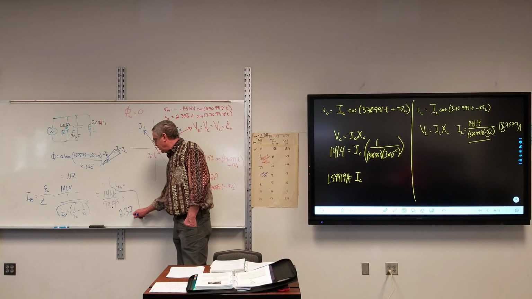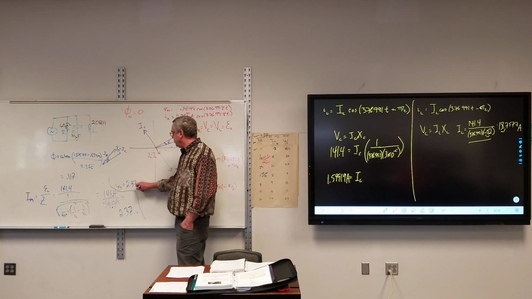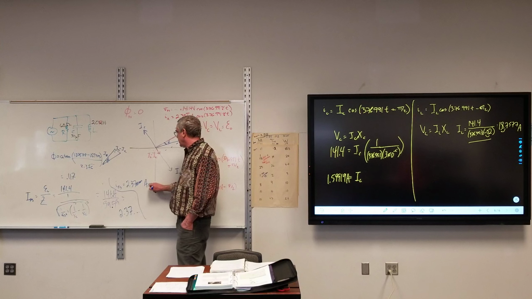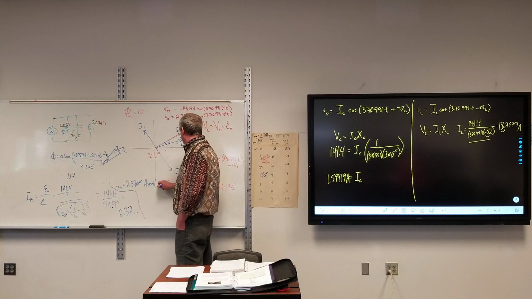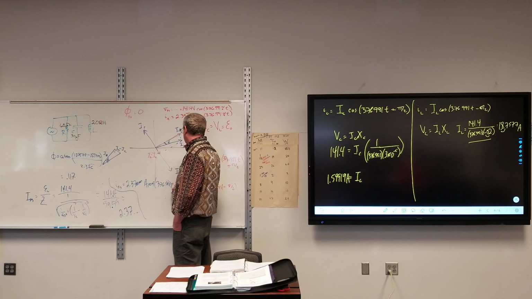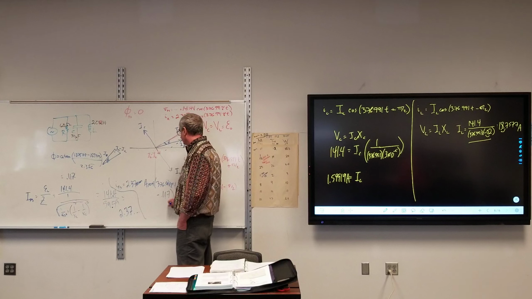There's a bunch of numbers. So this is 2.37 and a bunch of numbers amperes times the cosine of 376.991 radians per second times time minus 0.117.